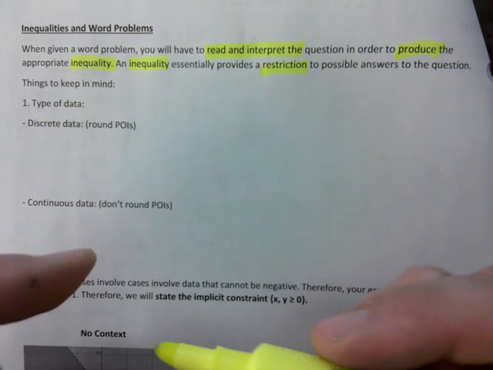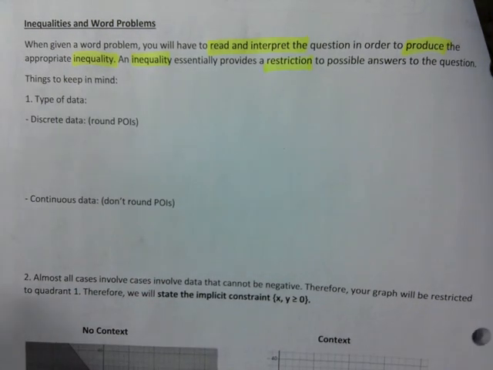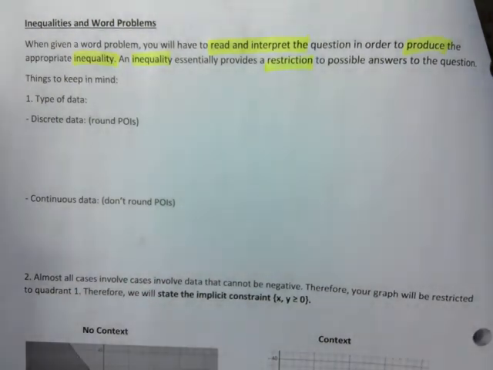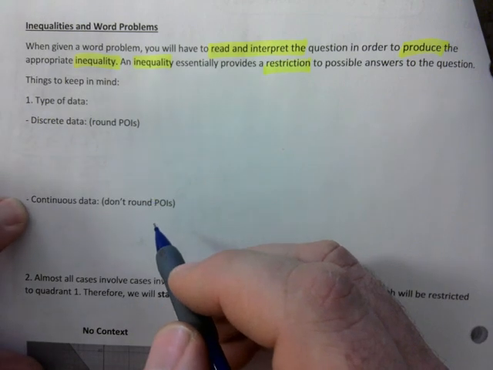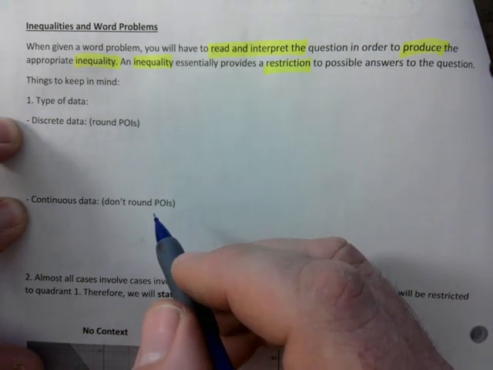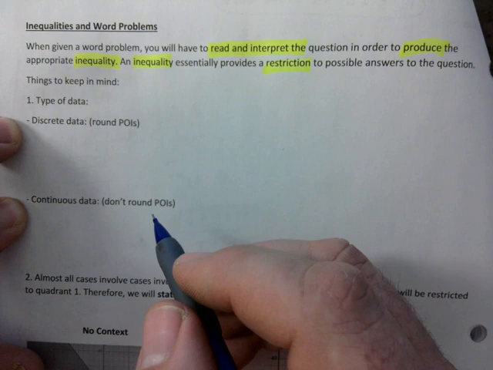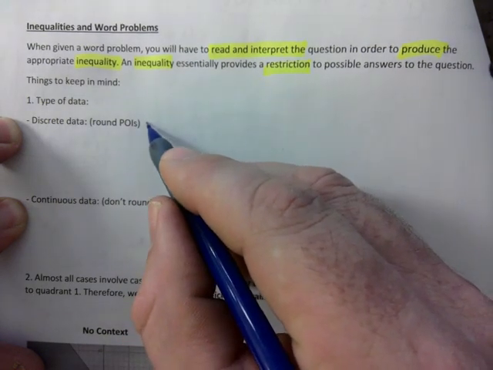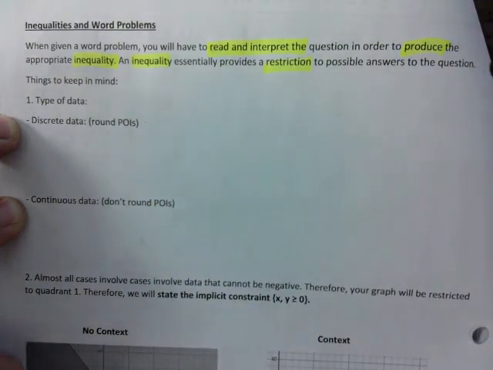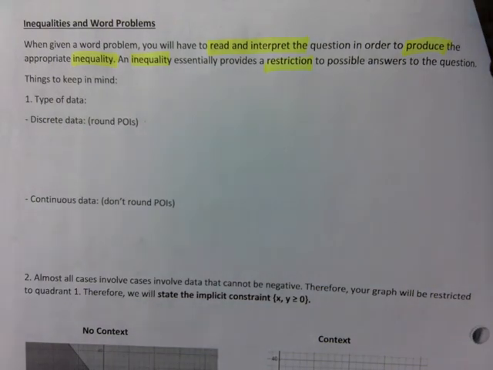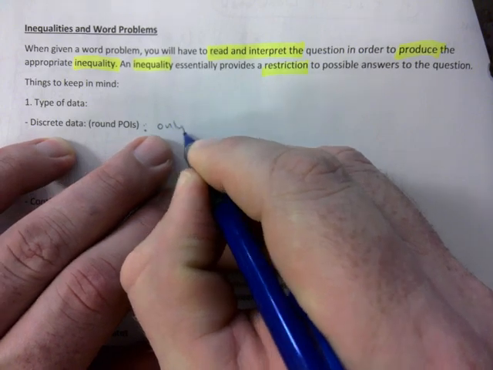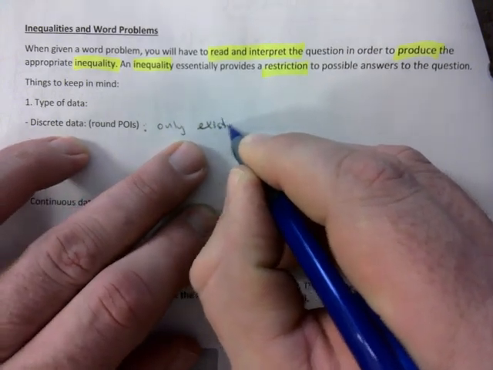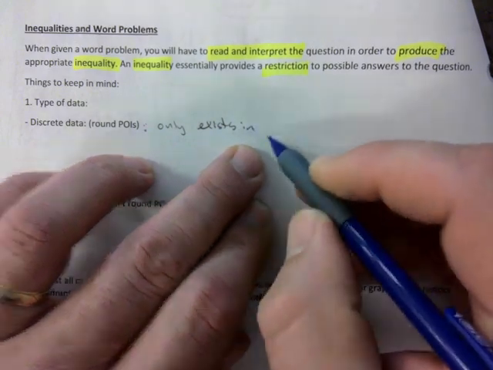Things to keep in mind when we work through this type of data: we have discrete and we have continuous. I don't know if you remember that from IAPR. Here it is. Discrete only exists in whole quantities.